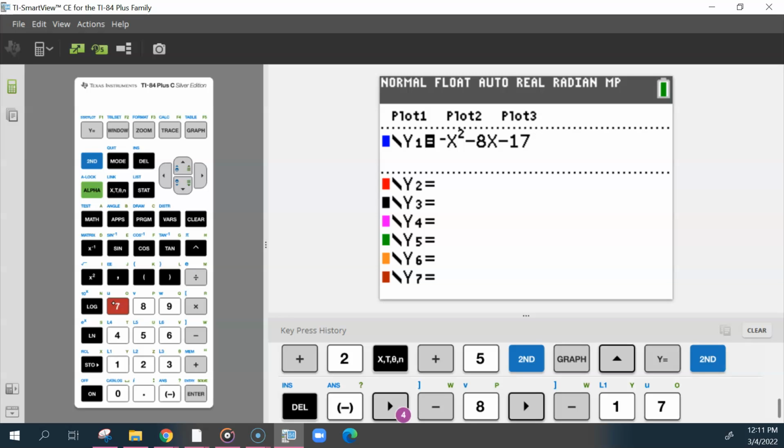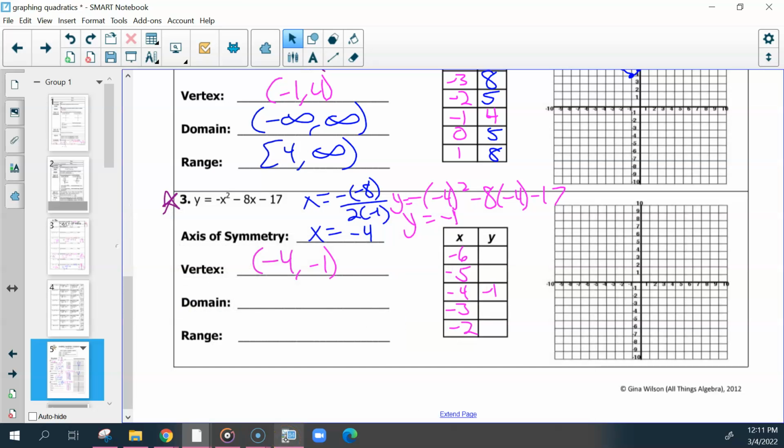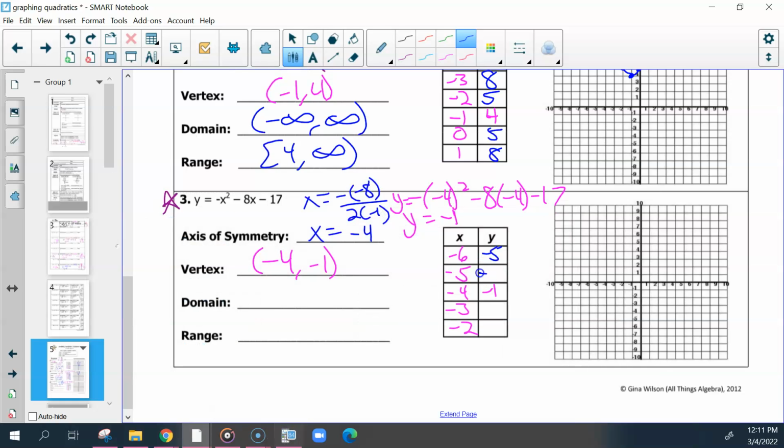And go to your table. This one we need it to start at negative 6, so we need to scroll up until we get there. And then fill in your table. X is negative 6, y is negative 5. When x is negative 5, y is negative 2.